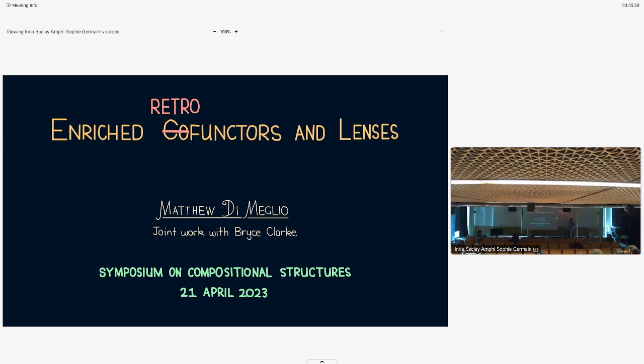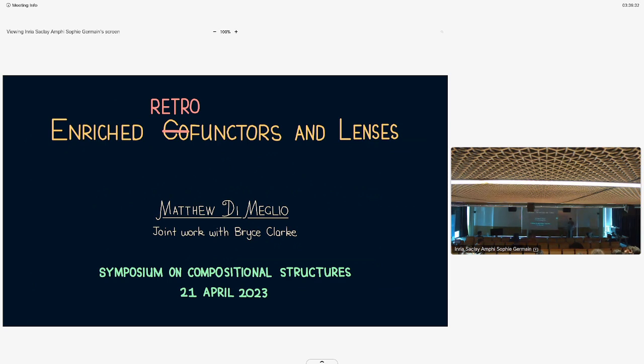The last thing I should say whilst we're here is you'll see that I've crossed out the co on cofunctors and wrote retro, and this is because we're trying out a new name. When I say cofunctors, probably most of you think about contravariant functors, which is not actually what we mean by cofunctors. Cofunctors are a kind of morphism between categories that are more about lifting morphisms, and it's not the same thing as a contravariant functor.